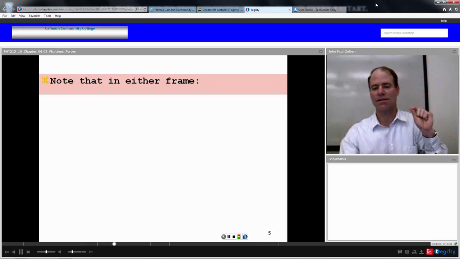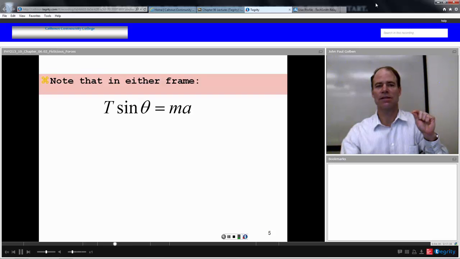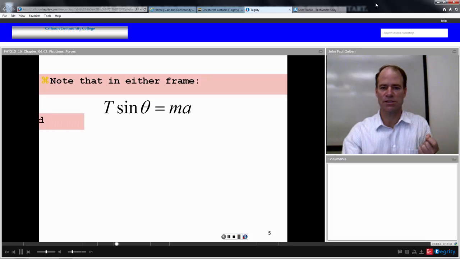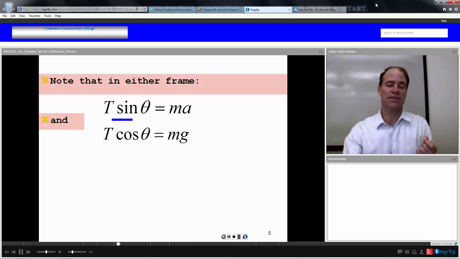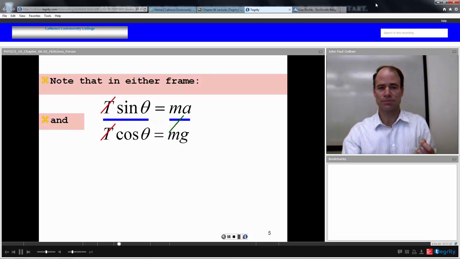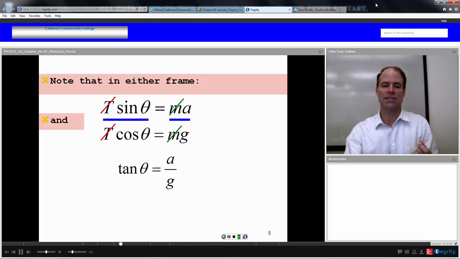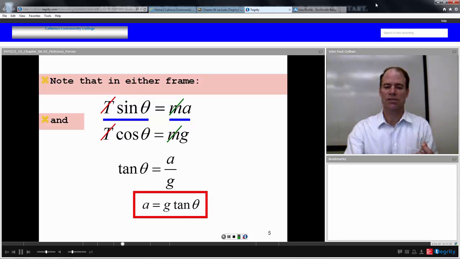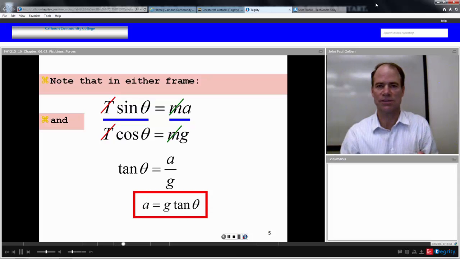Based on that, you would say in either frame that T sine theta is equal to mass times acceleration, and you would say T cosine theta is equal to mg. So you would have tangent of theta is equal to acceleration divided by g, or your acceleration is equal to g tangent theta.